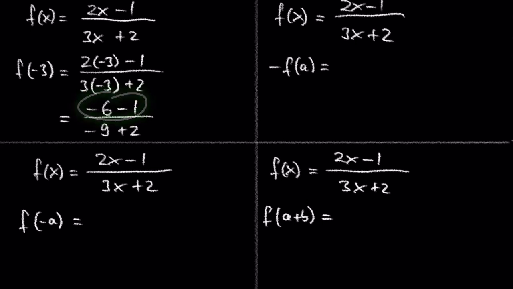Negative 6 minus 1 is negative 7, and negative 9 plus 2 is also negative 7. Negative 7 divided by negative 7 is 1. So f of negative 3 equals 1.